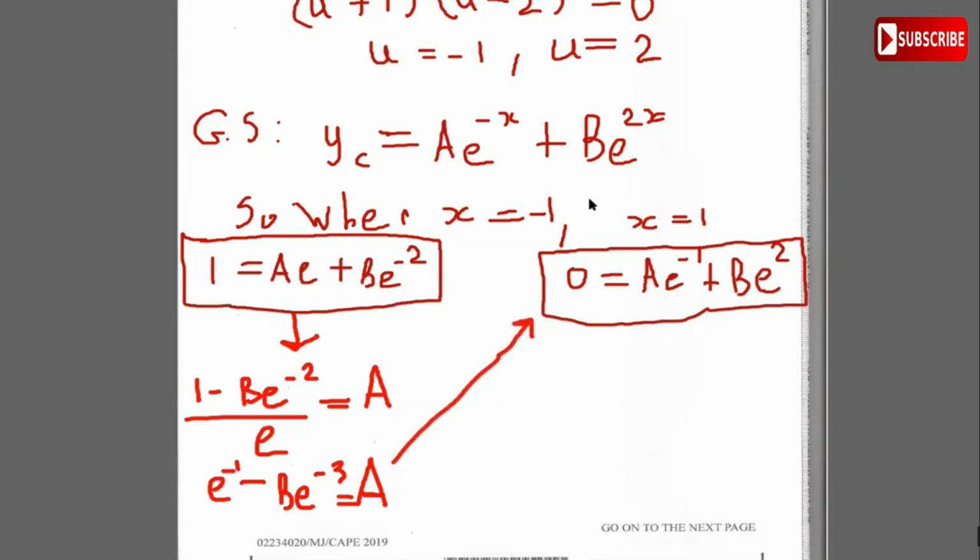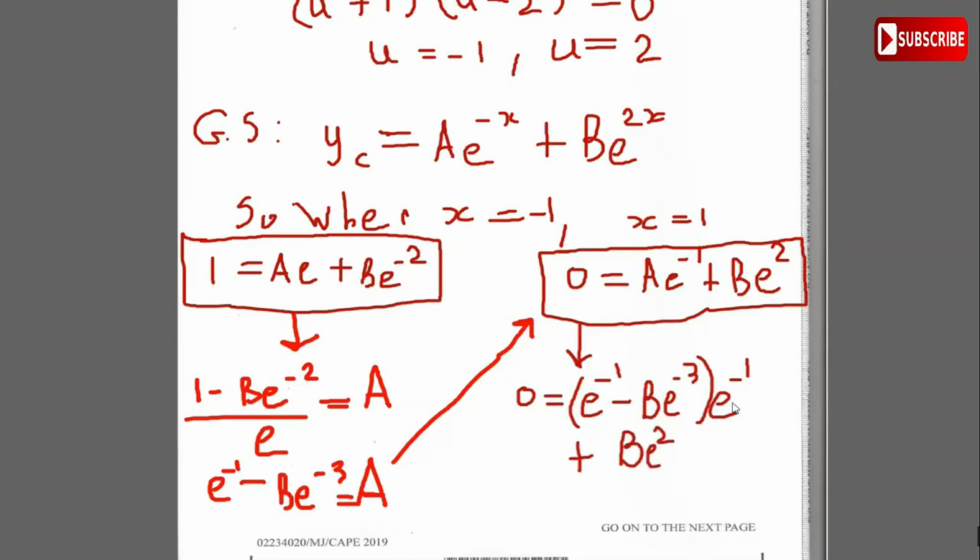Substituting it, I get 0 is equal to e to the minus 1 minus B times e to the minus 3, multiplied by e to the minus 1, plus B times e squared. This will allow me to solve for B.